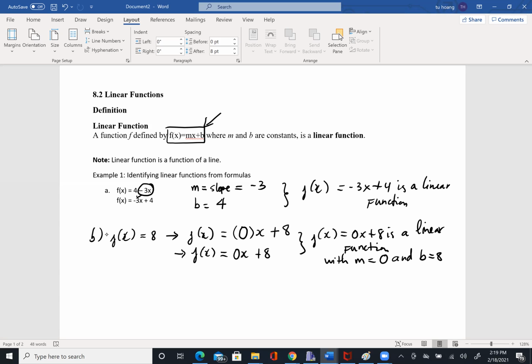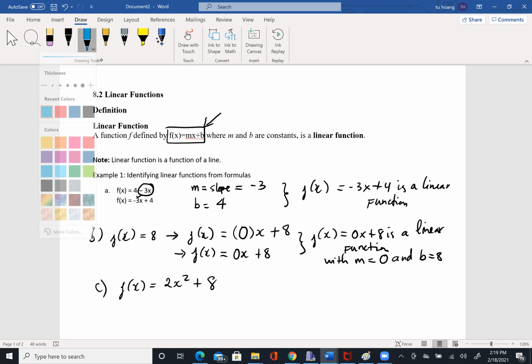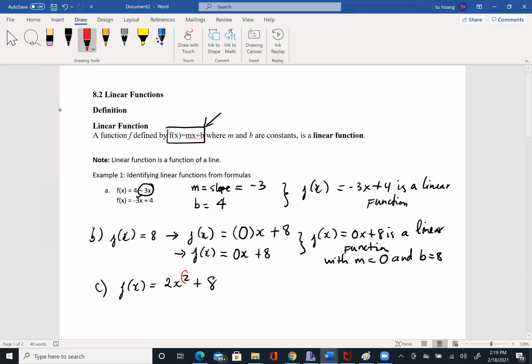All right. Now, let me have another problem: f(x) = 2x squared + 8. So is this a linear function? You see that the thing you need to consider is the x squared, the power is squared here, right?